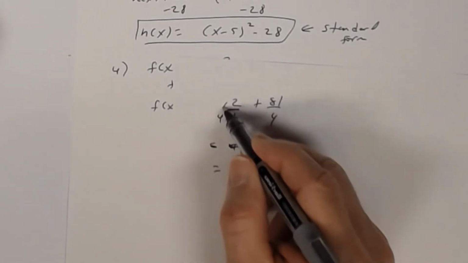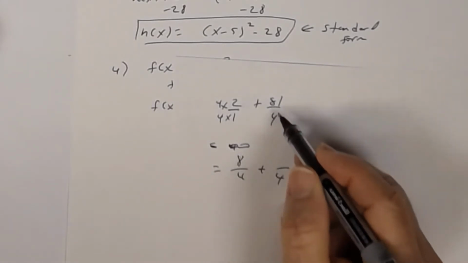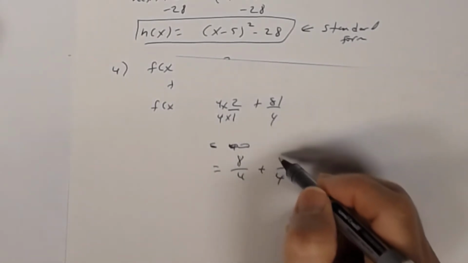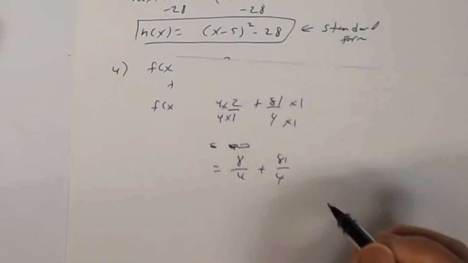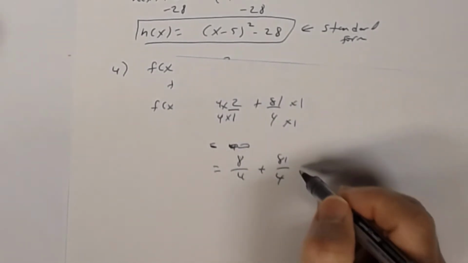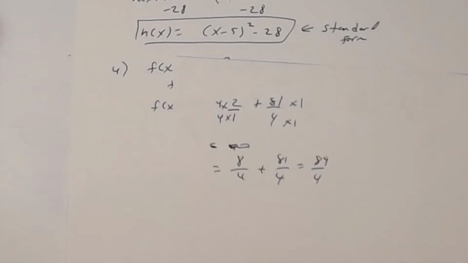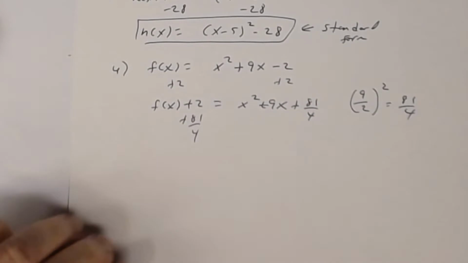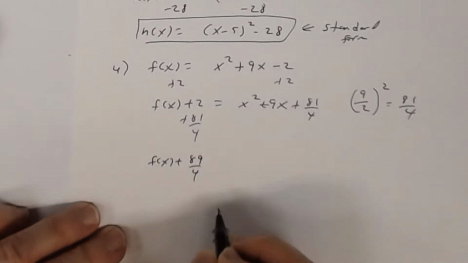What you do to the denominator, you do to the numerator. So 4 times 2 is 8. This is already a 4, so 81/4 is equivalent to itself, times 1. So 81 times 1 is 81. Then 81 plus 8 is 89, so you get 89/4. So you'd say f of x plus 89/4.